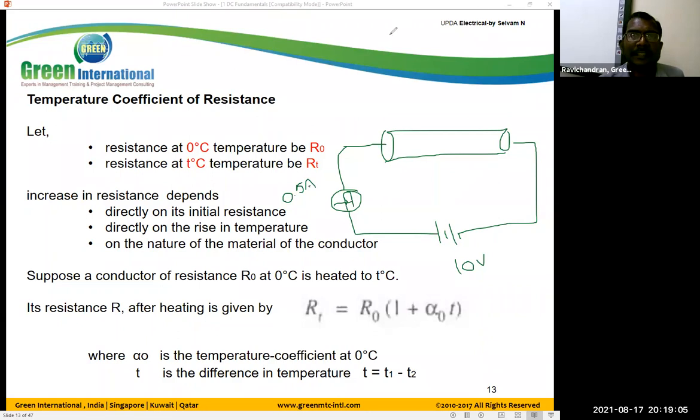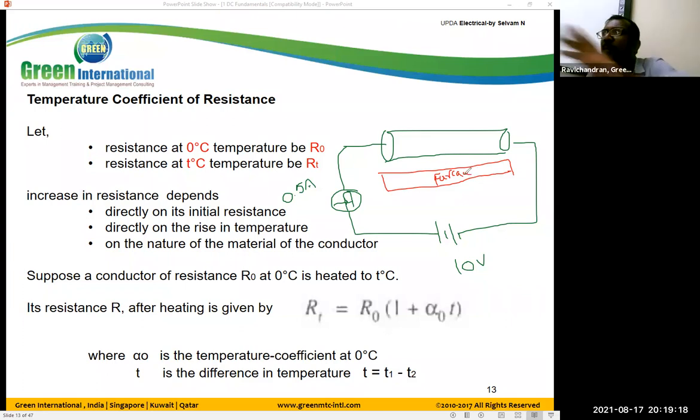Now I put a furnace here. I put the wire in the furnace and increase the temperature.